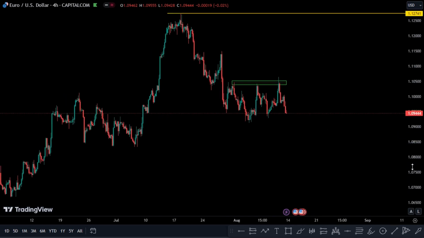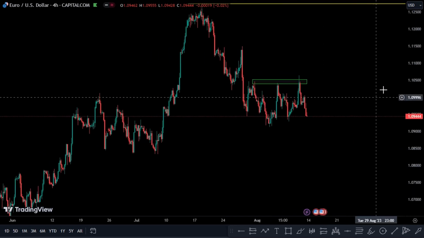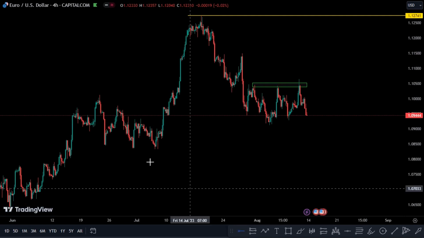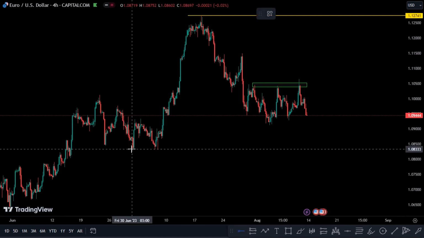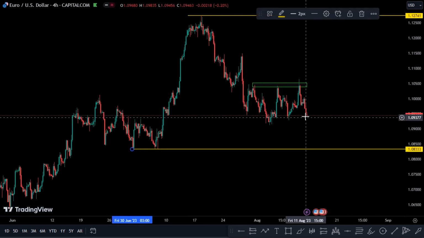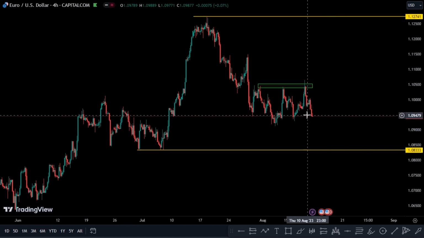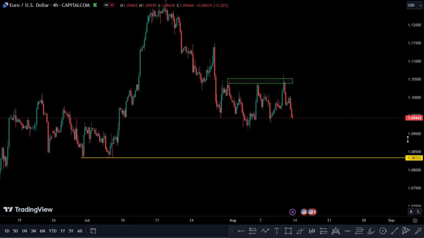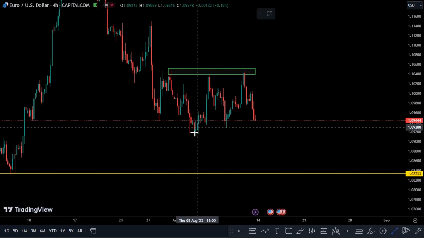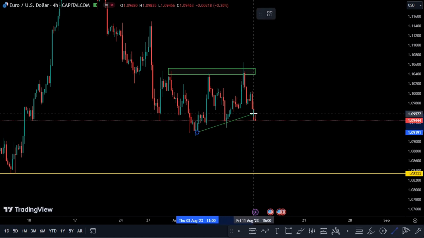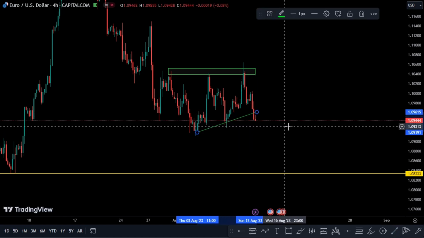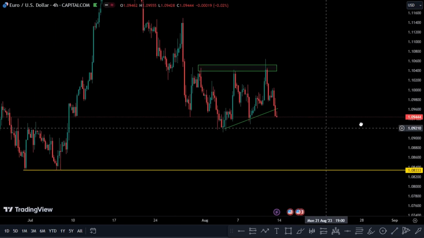Okay, so we highlight those, and then this is where our next significant structure is, our closest significant structure from there. So yeah, we have that area, and then we also have a market that is breaking the structure like this.